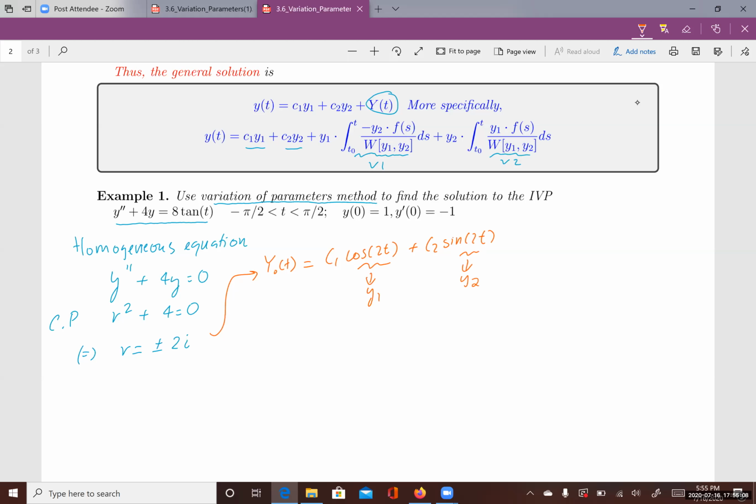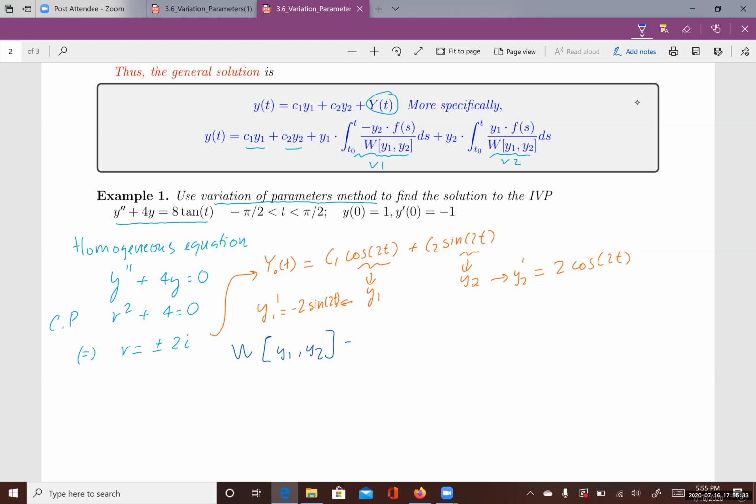If this is y1, then my y1 prime equals -2 sine of 2t, and my y2 prime equals 2 cosine of 2t. The reason why I want to find y1 prime and y2 prime is because I need to find the Wronskian of y1 and y2.